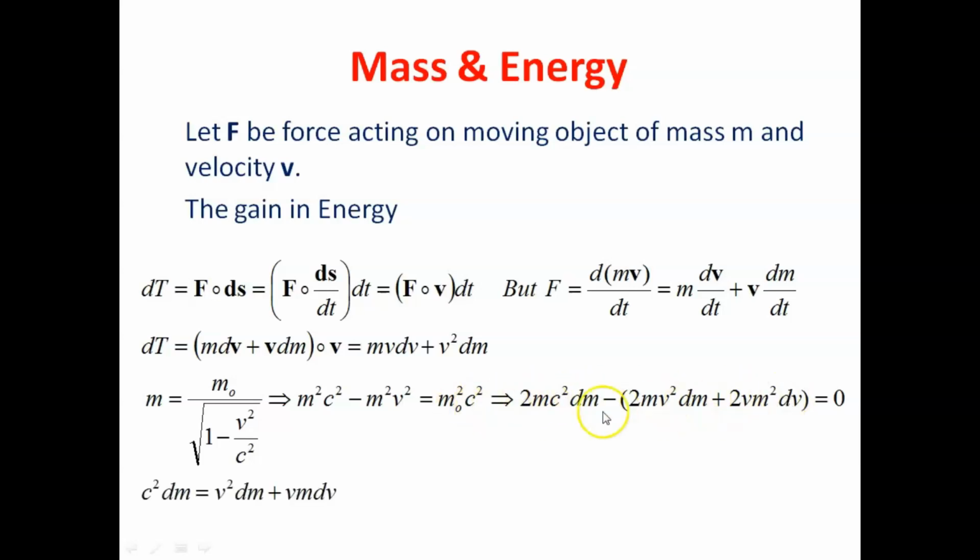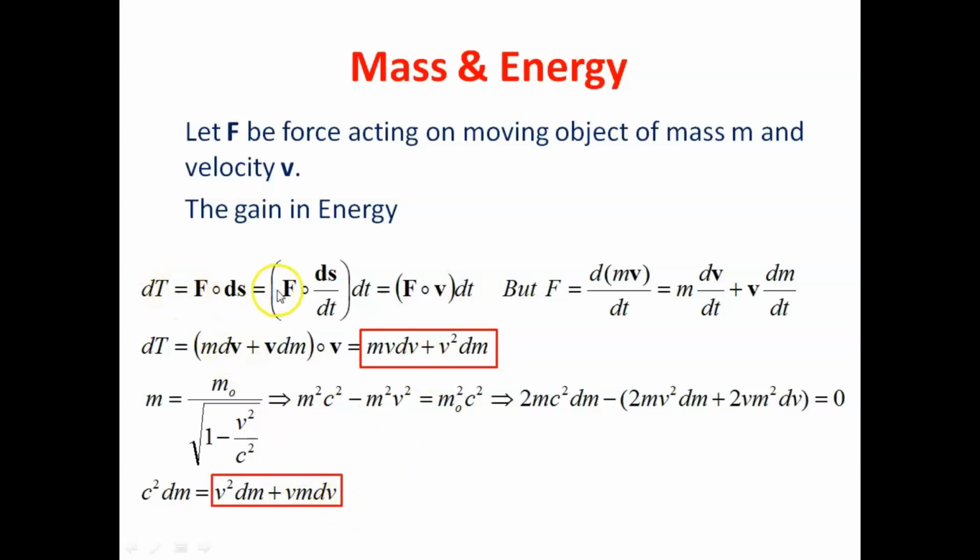So we can eliminate common terms from this equation, and 2m is appearing everywhere in the equation. So dividing the equation by 2m, we have c square dm is equal to v square dm plus v m dv. Thus we have two identical terms.